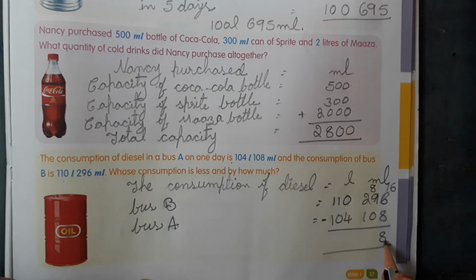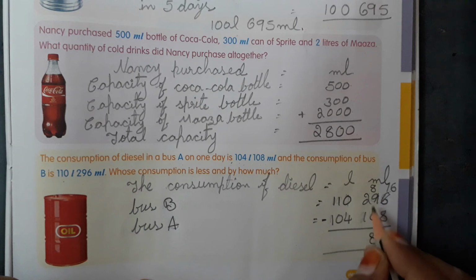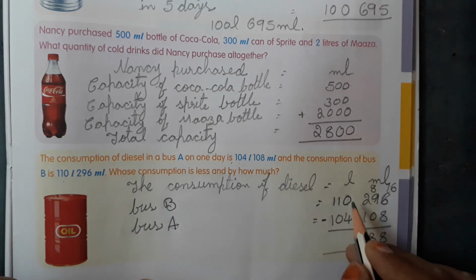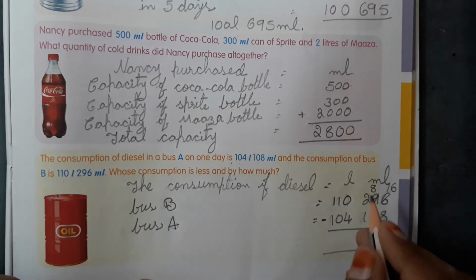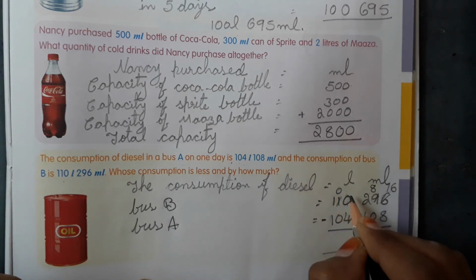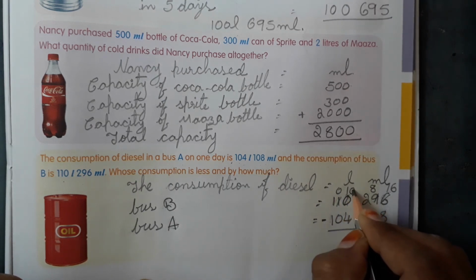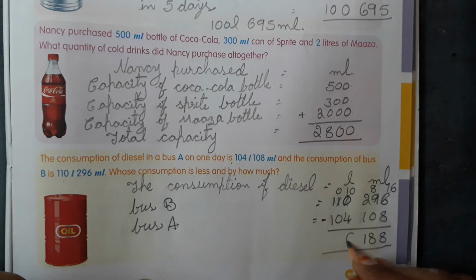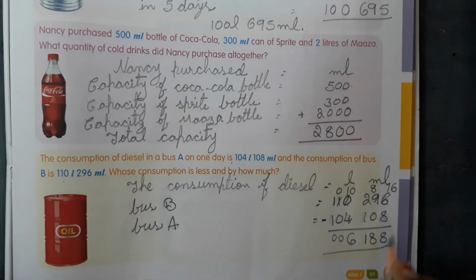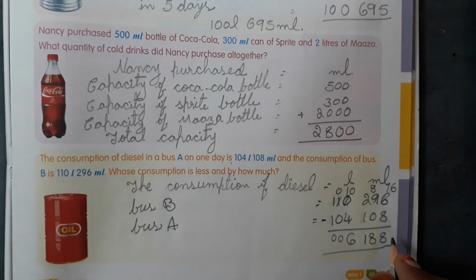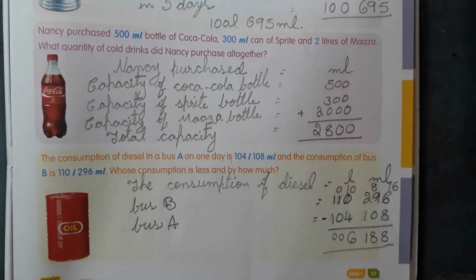The remaining 8. 8 minus 0, 8. 2 minus 1, 1. 0 minus 4, not possible. Get borrow. 1 becomes 0, 0 becomes 10. 10 minus 4, 6. 0 minus 0, 0. 1 minus 1, 0. So 6 liters, 188 milliliters of oil, bus A is less than bus B.